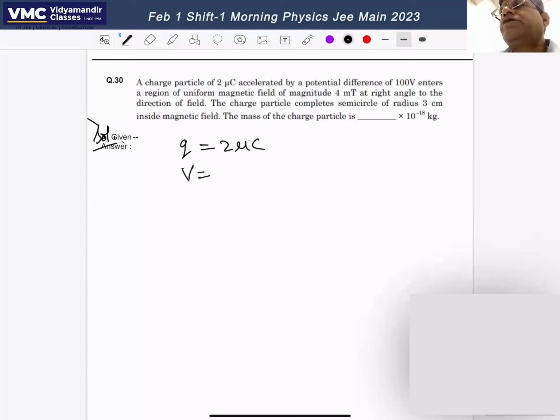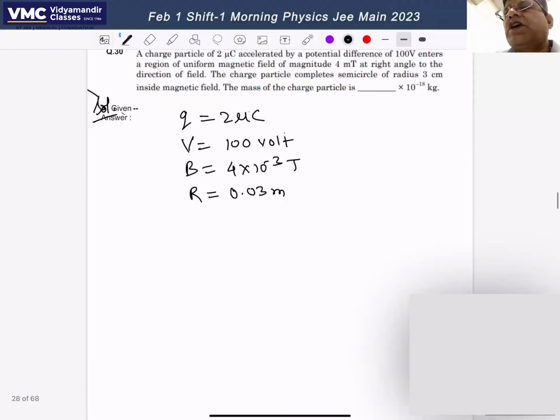Then potential difference applied is 100 volt. And magnetic field is 4 into 10 power minus 3 Tesla, that is millitesla. The charged particle completes a semicircle of radius r, 0.03 meter. So we have to find the mass of the charged particle.